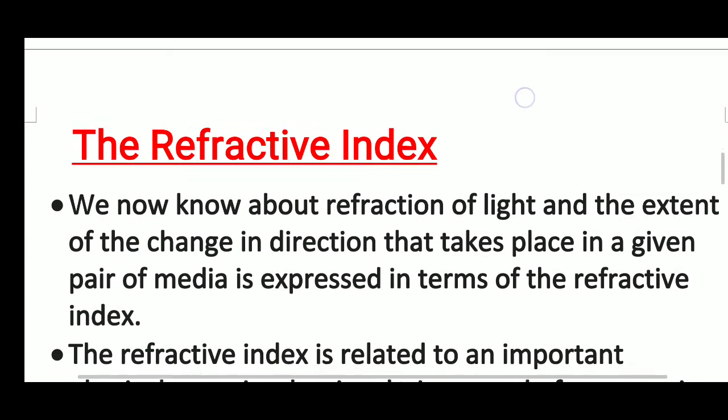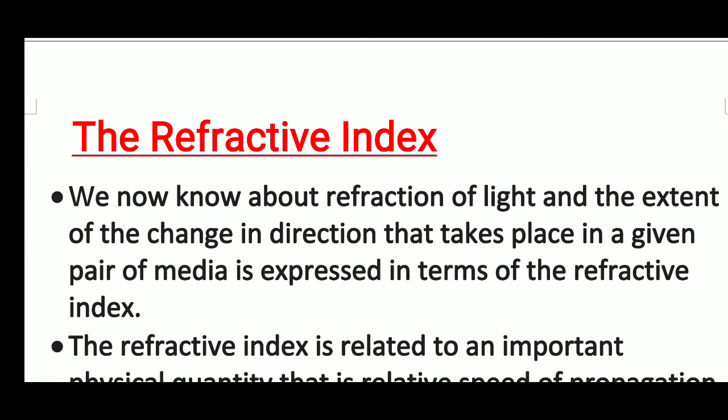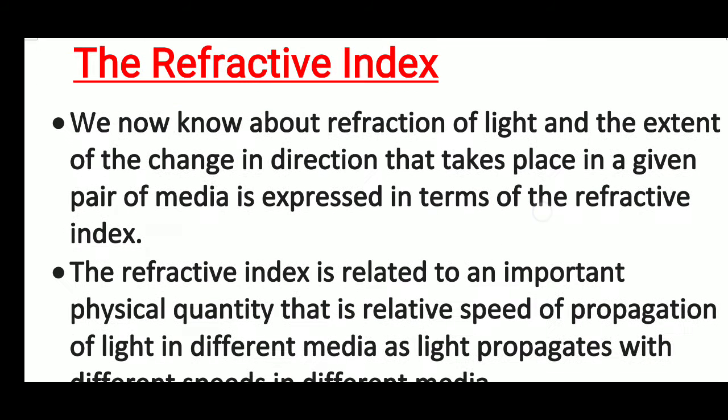Now we are having the topic refractive index. We know that refraction of light and the extent of the change in direction that takes place in a given pair of media is expressed in terms of the refractive index. That constant n in the previous formula is the refractive index.